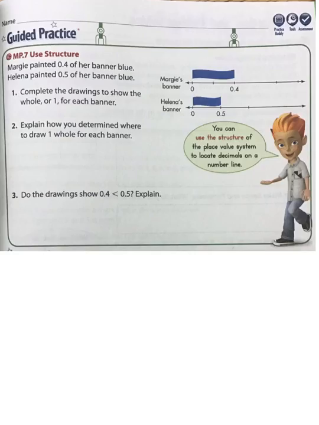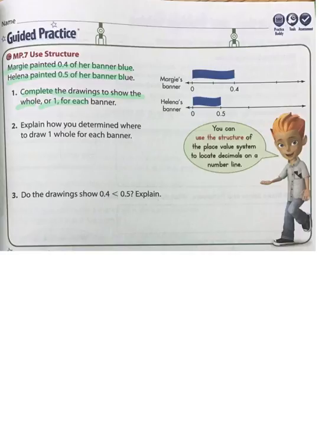Let's do the guided practice together. Margie painted 4/10 of her blue banner. Helena painted 5/10 of her blue banner. Complete the drawings to show the whole, or 1, for each banner. Okay, 4/10 is going to be less than 5/10.